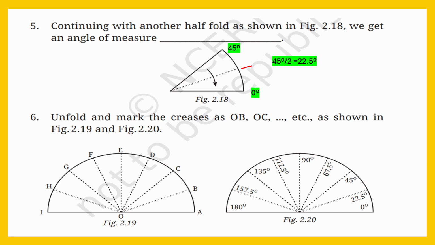Unfold and mark the creases as OB, OC, etc. as shown in figure. See, you unfold and mark the creases like this. So here 22.5. So here 180 minus 22.5, that is 157.5 degree.